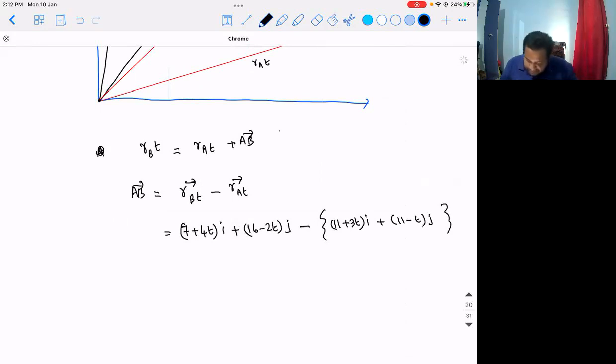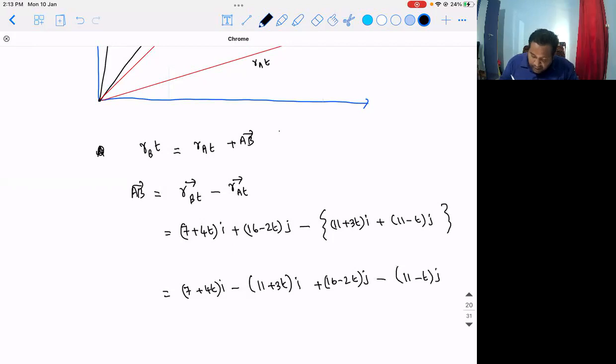So could you please expand it? (7 + 4t)i minus (11 + 3t)i plus (16 - 2t)j minus (11 - t)j.